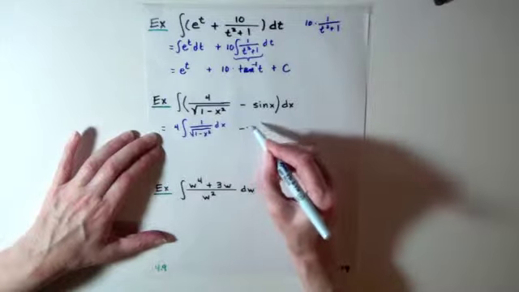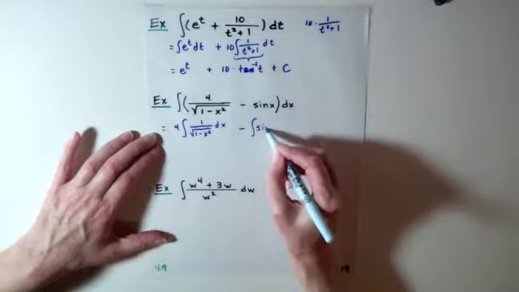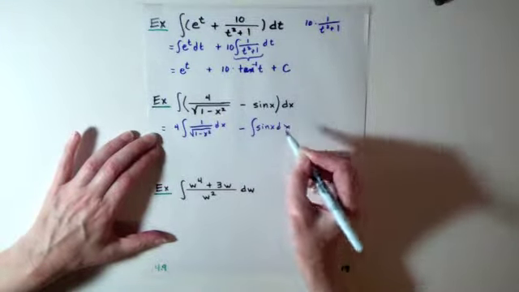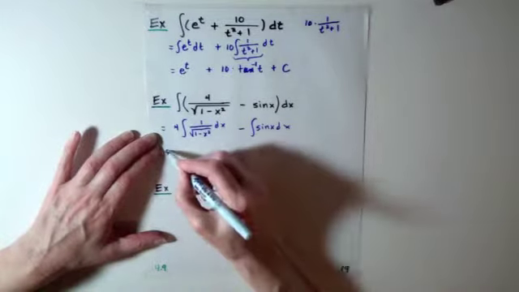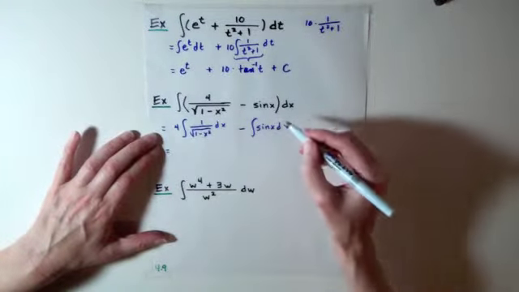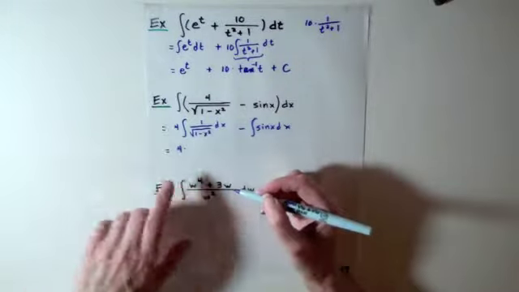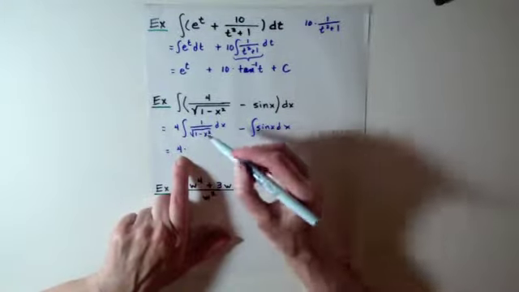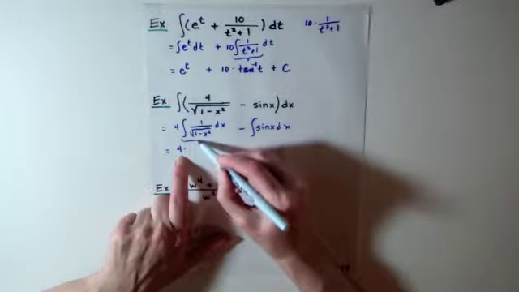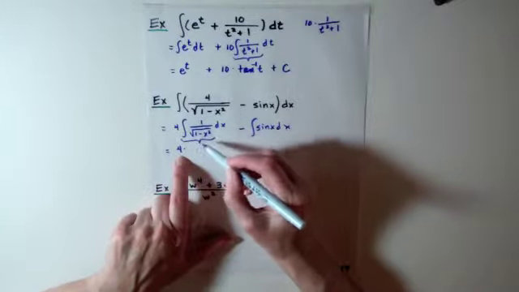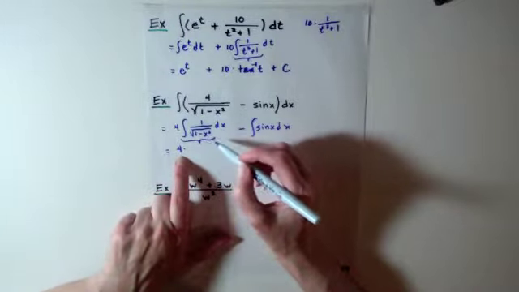And then this one's just minus the integral of sine x dx. Okay, good. So that at least breaks it down some, and now the 4 is a constant multiple that gets carried along, and I just do 4 times whatever the integral of 1 over root 1 minus x squared is.